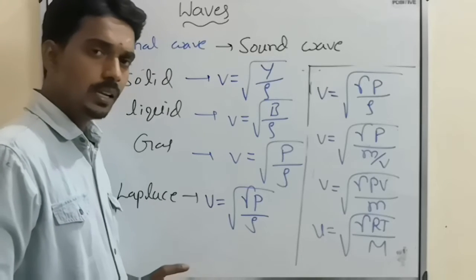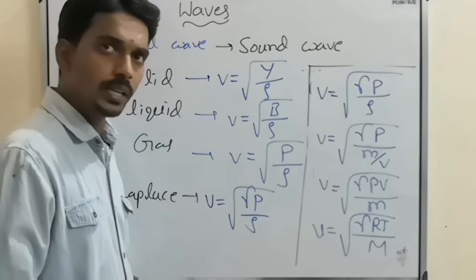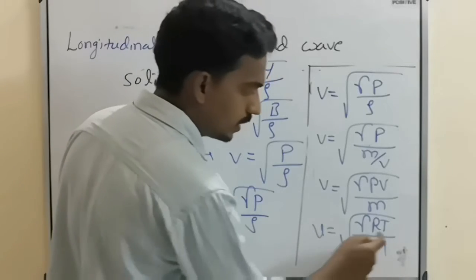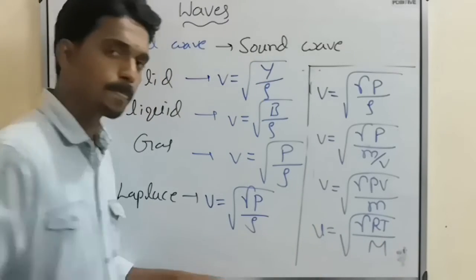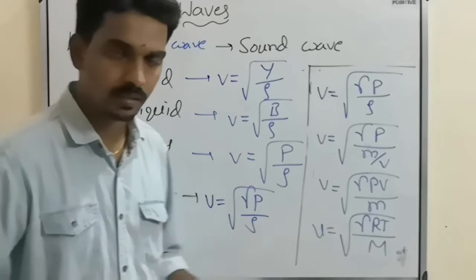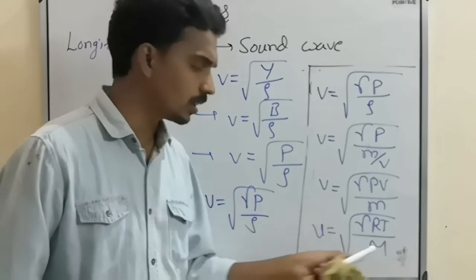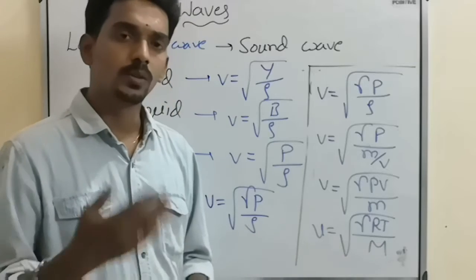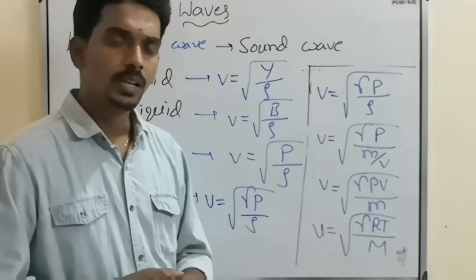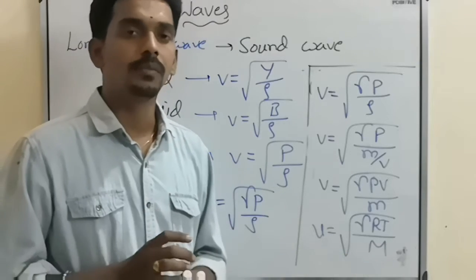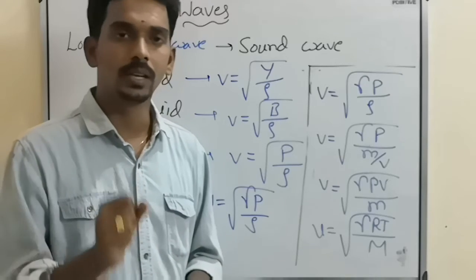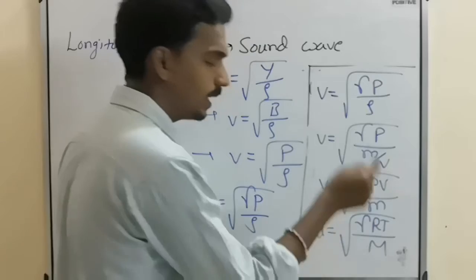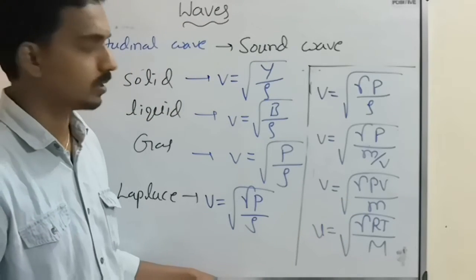So finally, the speed of longitudinal or sound wave in any gas will depend upon temperature and molecular mass. Hydrogen gas, what is the molecular mass? 2. Oxygen O2, then 32. Nitrogen N2, 28. Like that, the speed of the longitudinal wave or sound wave depends on two factors: one is temperature and another is molecular mass.